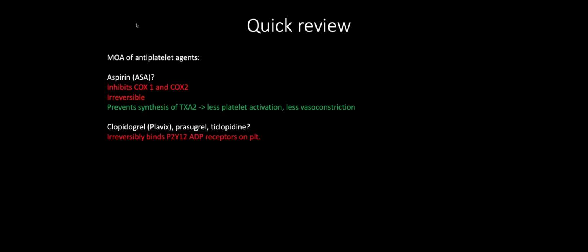Perfect. So once again, they irreversibly bind P2Y12, the ADP receptor on the surface of the platelets. That's going to prevent them from expressing that GP2B3A complex, which eventually could bind fibrinogen. So you're never going to get to that point. The platelets are going to be less able to cross-link.